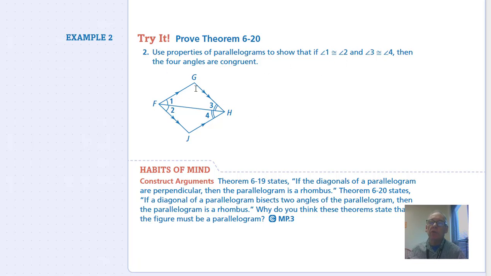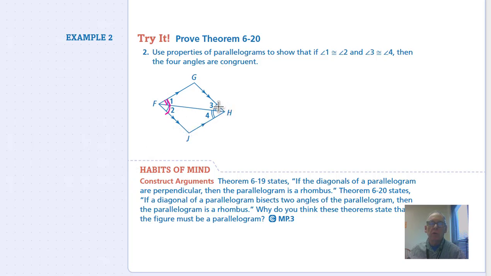Show that angle 1 is equal to angle 2 and angle 3 is equal to angle 4. So let's see. We've got a parallelogram here. Using alternate interior angles with the parallel lines, angle 3 is going to be congruent to angle 2. And going the other way, angle 4 is going to be congruent to angle 1.